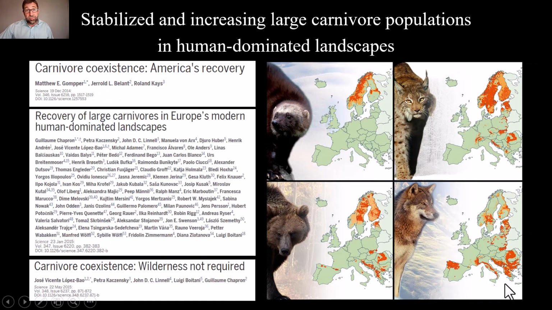That said, however, it is not all doom and gloom. There are some success stories. Several species of large carnivores have stabilized populations, and they're on the road to recovery in the most unlikely of places, in the human-dominated landscapes of Europe and North America.